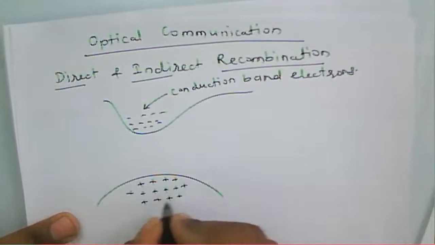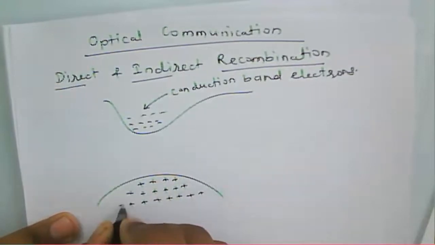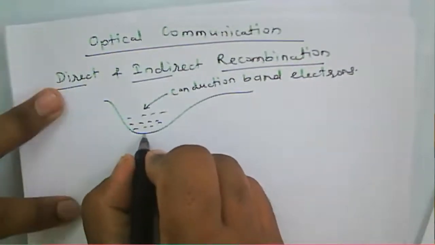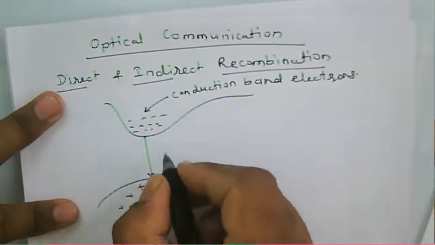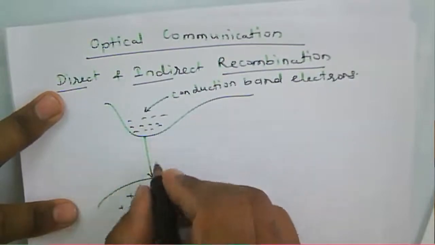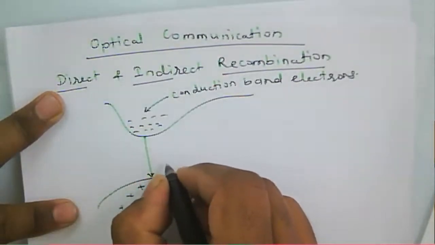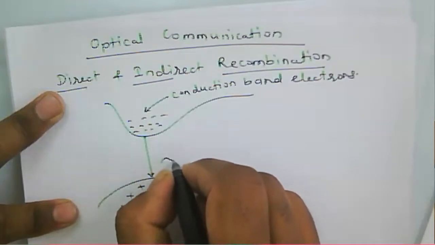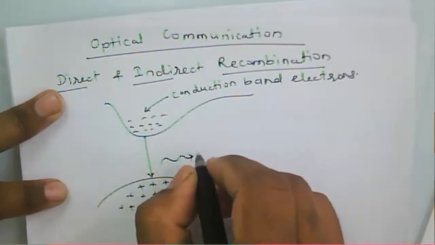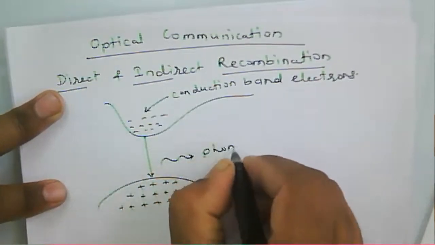This is about electron transition, and because of that recombination of electrons and holes, we will get a photon.